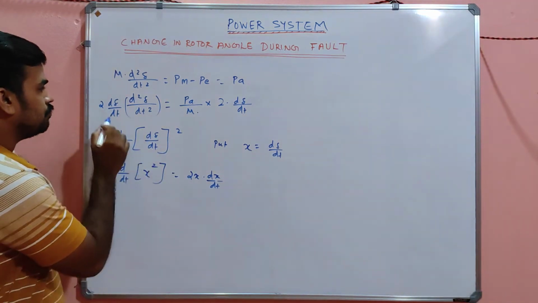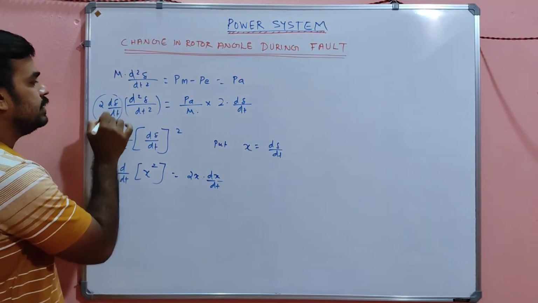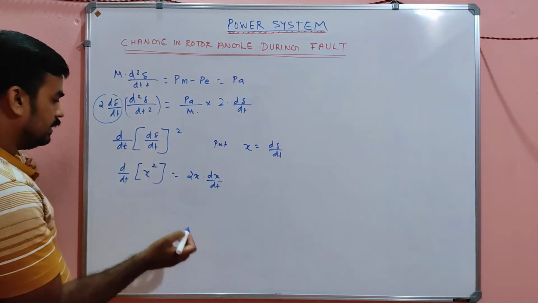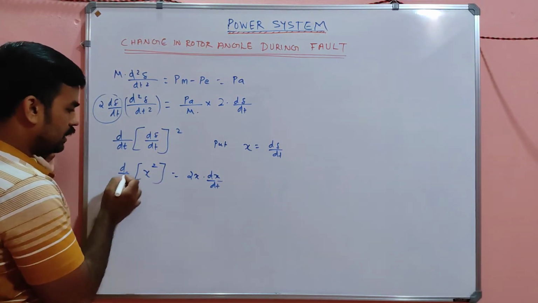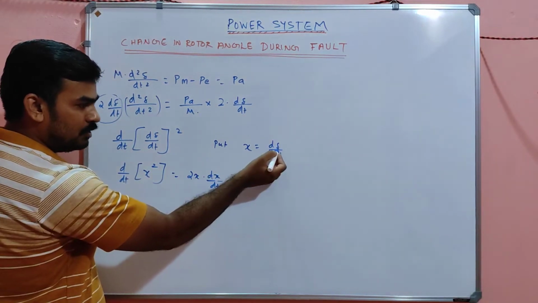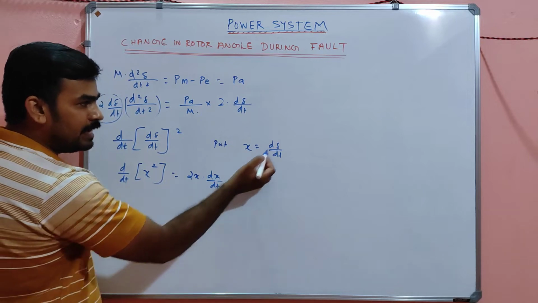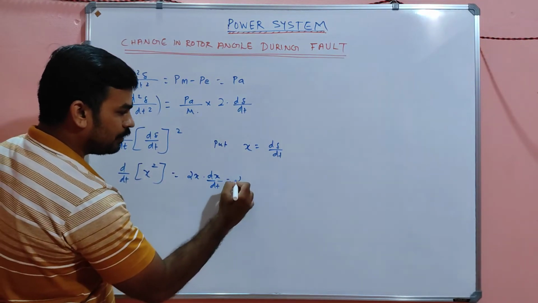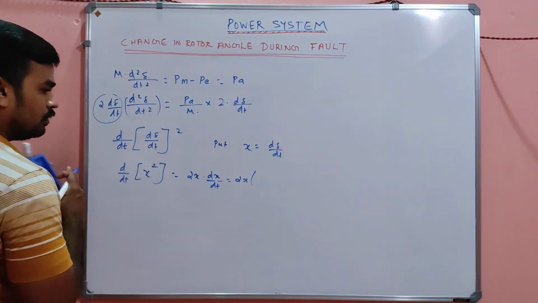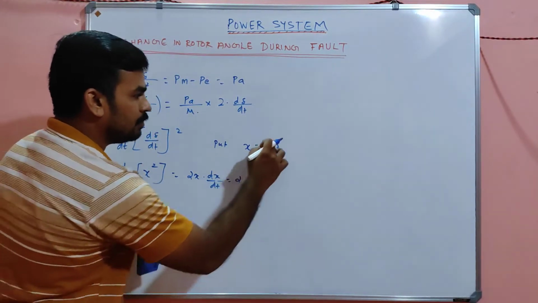So 2x is 2 into d delta by dt, into dx by dt. Instead of x, put d delta by dt, so d by dt of d delta by dt is what? It is 2x into, what is x now? x is nothing but d delta by dt.